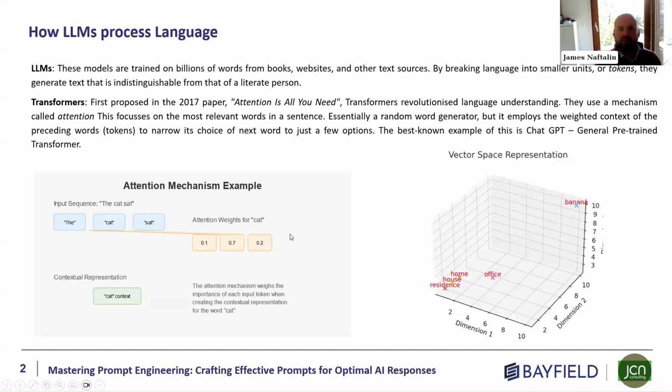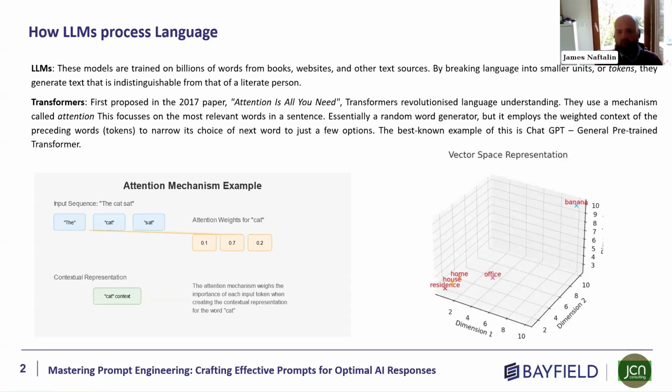The idea of attention is that each word in a sentence is given a certain weight, to create a context for the conversation. So in this example, the cat sat. The would only have 0.1 weighting in the sentence. Cat would be 0.7 because that's the subject, and sat just 0.2.